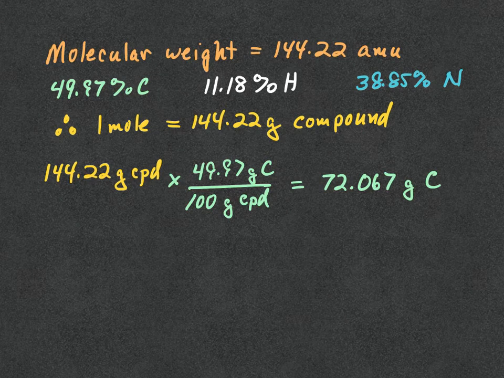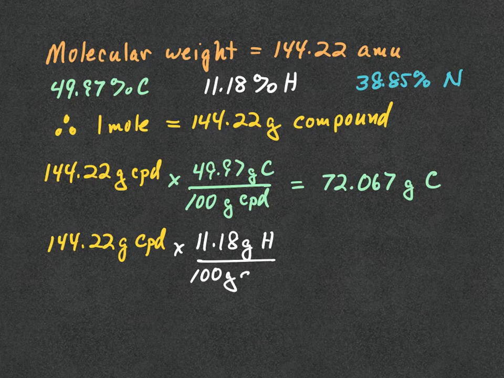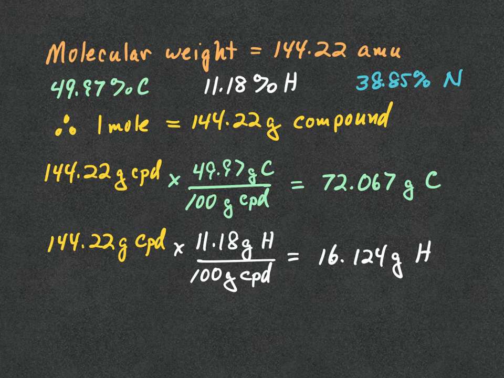And we have 144.22 grams of our compound, right? And the percentage tells us that there's 11.18 grams of hydrogen per 100 grams of our compound. And that tells us that then we get 16.124 grams of hydrogen.